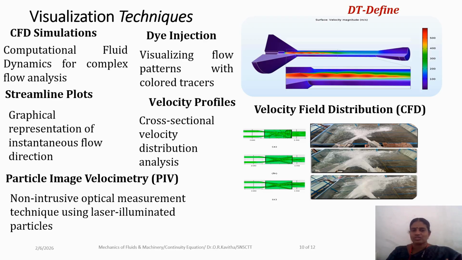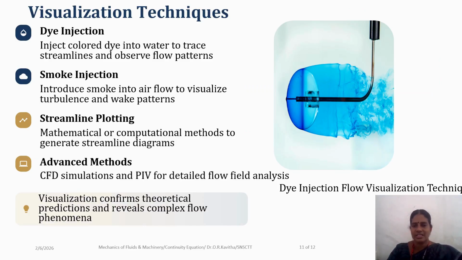The different colors show the variation of the velocity, and particle image velocimetry, that is PIV, is also shown here, and this is a velocity field distribution from CFD. We will see how these visualization techniques work.